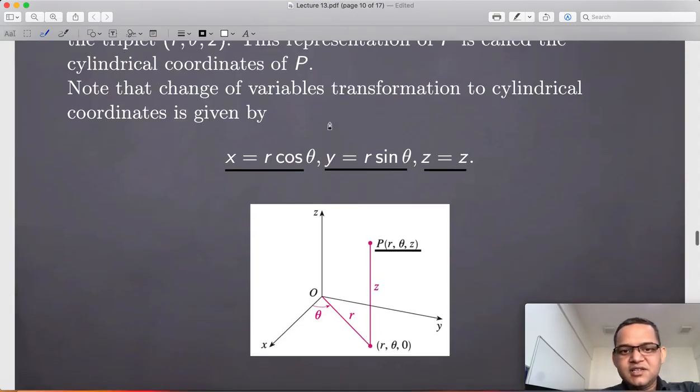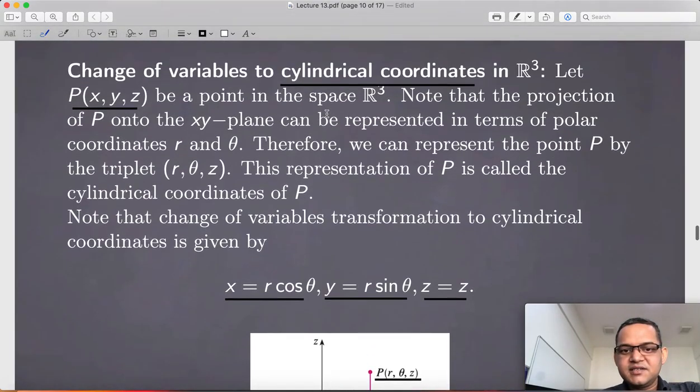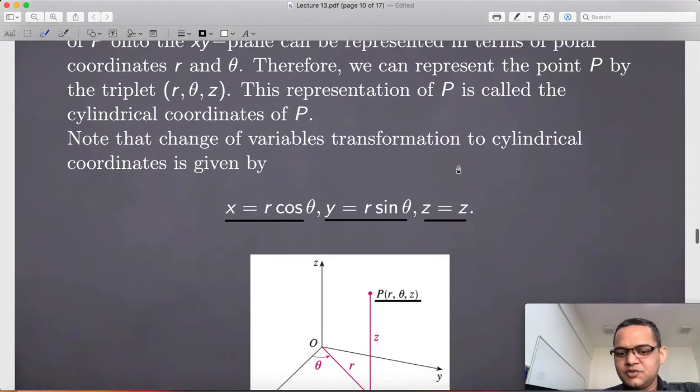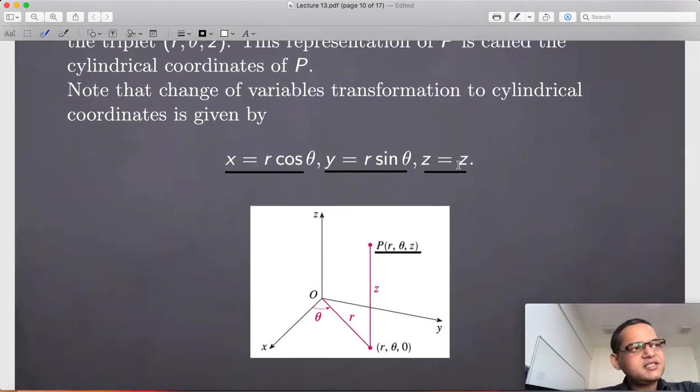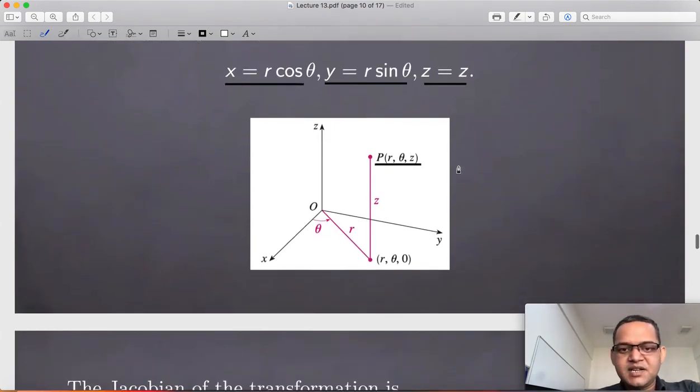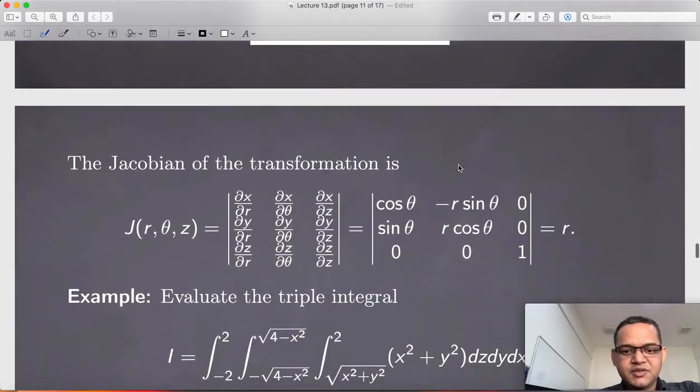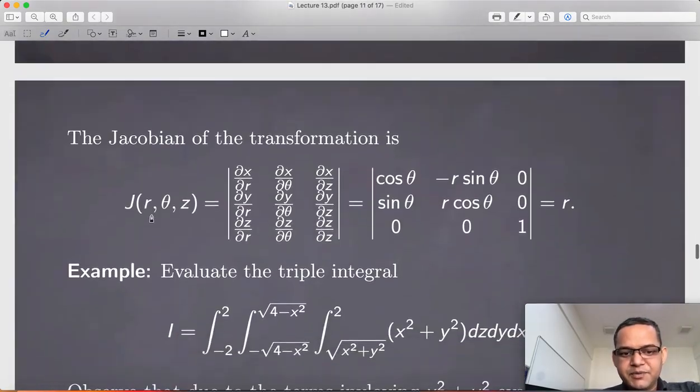This is an idea which will help you when the domains are part of cylinders and so on. Then we can transform them into nice domains, and for this transformation you can compute the Jacobian.